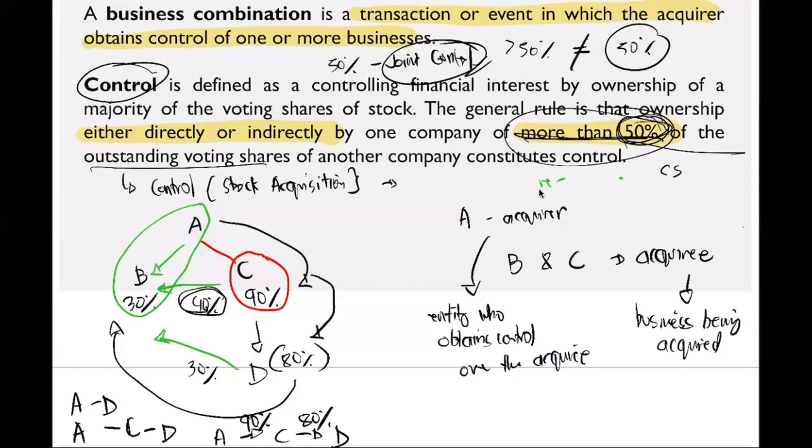So in a business combination, there is a transaction or event in which we obtain control. If ever we purchase one business and we purchase more than 50% of that business, there is a business combination. And take note, in looking at whether there is control or no control, we look at whether the ownership is direct or indirect, and we get the total ownership interest.